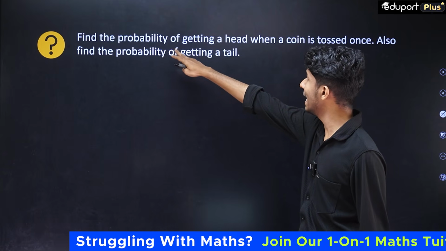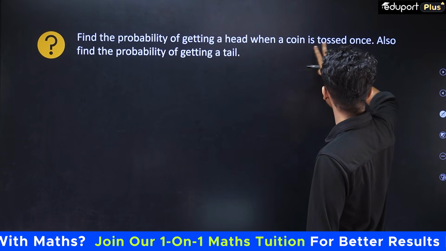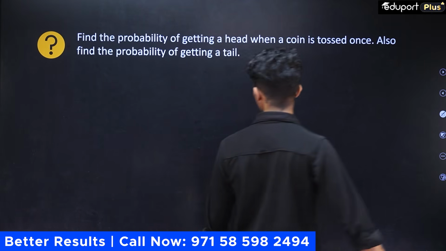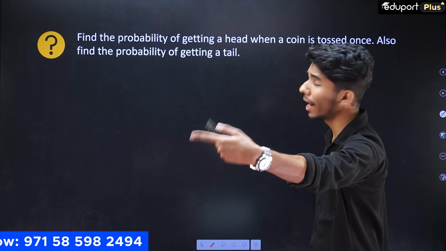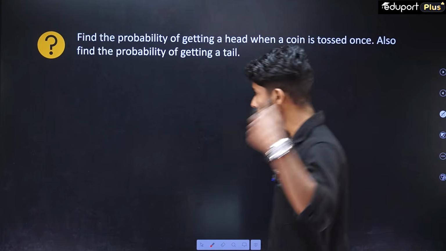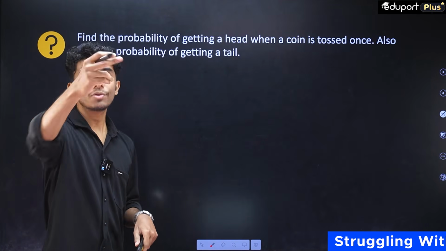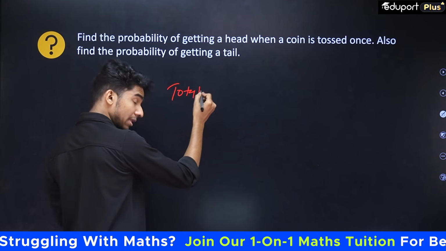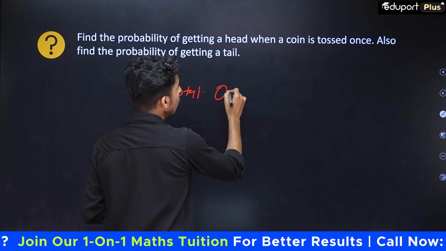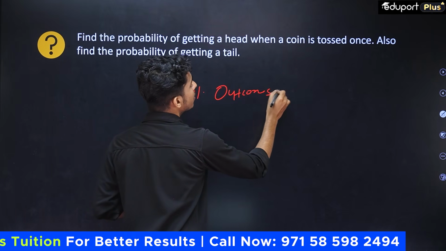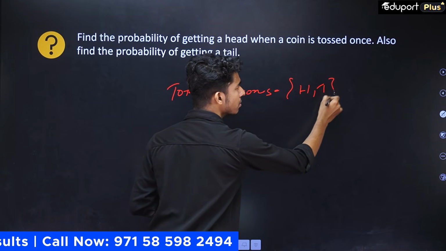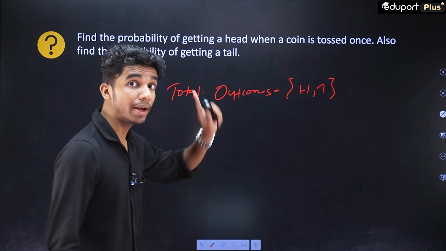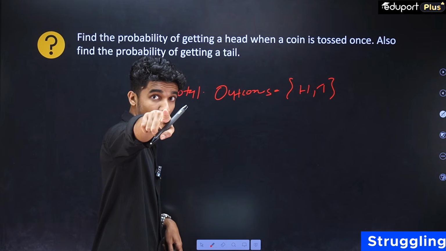Find the probability of getting a head when a coin is tossed once. Also find the probability of getting a tail. First of all, when a problem comes, you are asked to find the total number of outcomes. The total outcomes will be head and tail, because when a coin is tossed, the outcomes are head and tail. And what is our favorable outcome?